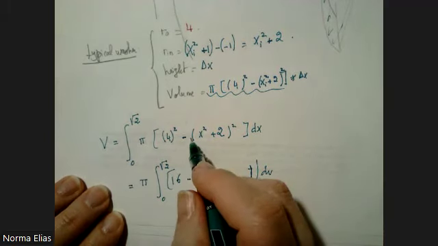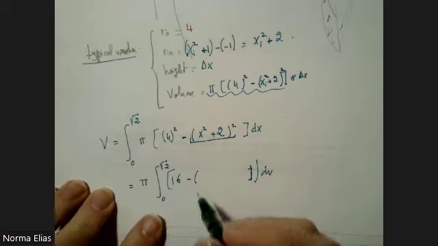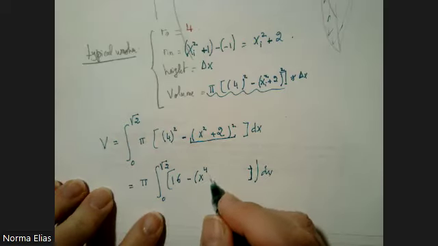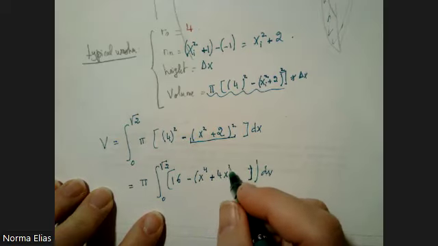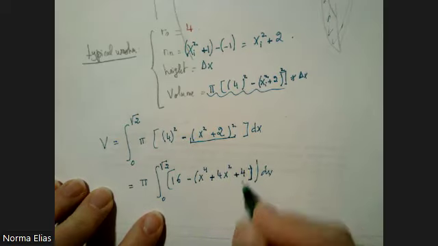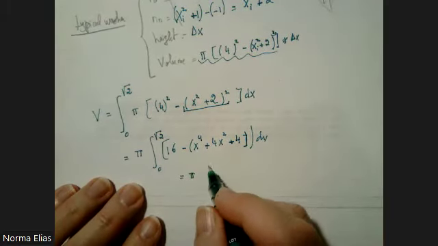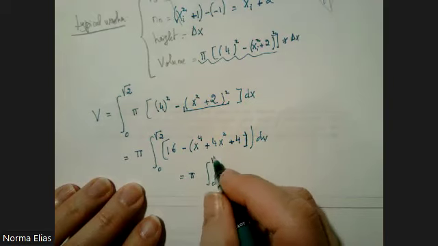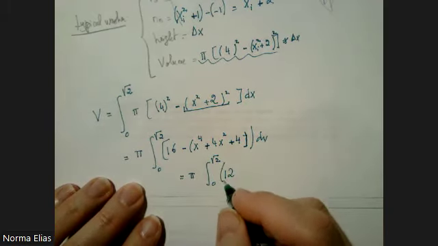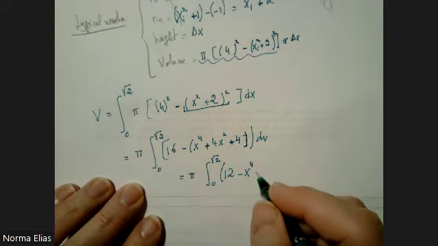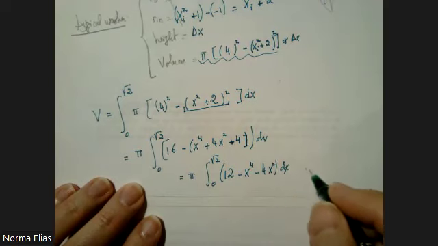As I said for the previous one, the only way you can integrate this is if you distribute. And that would give me x to the 4 plus 2 times 2, 4x squared plus 4. So finally, I will have pi times the integral from 0 to square root of 2 of 16 minus 4, it's a 12, minus x to the 4 minus 4x squared dx.